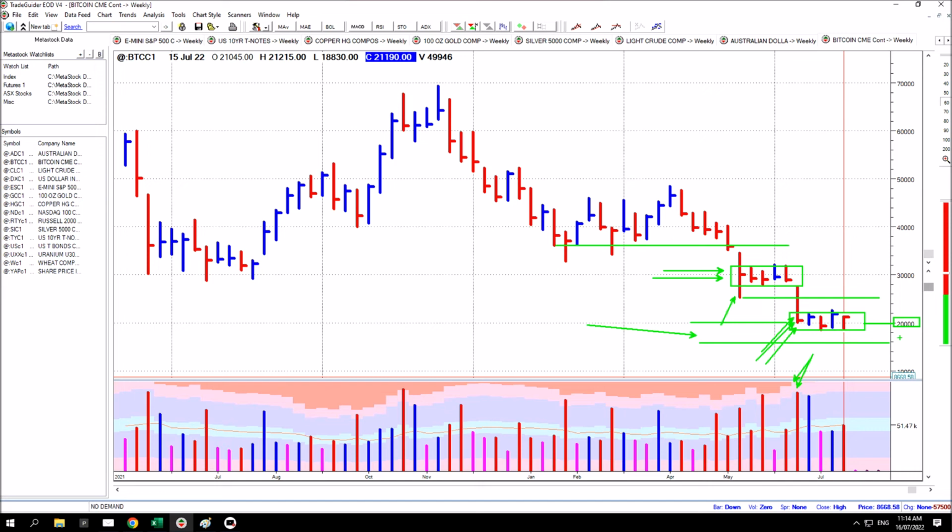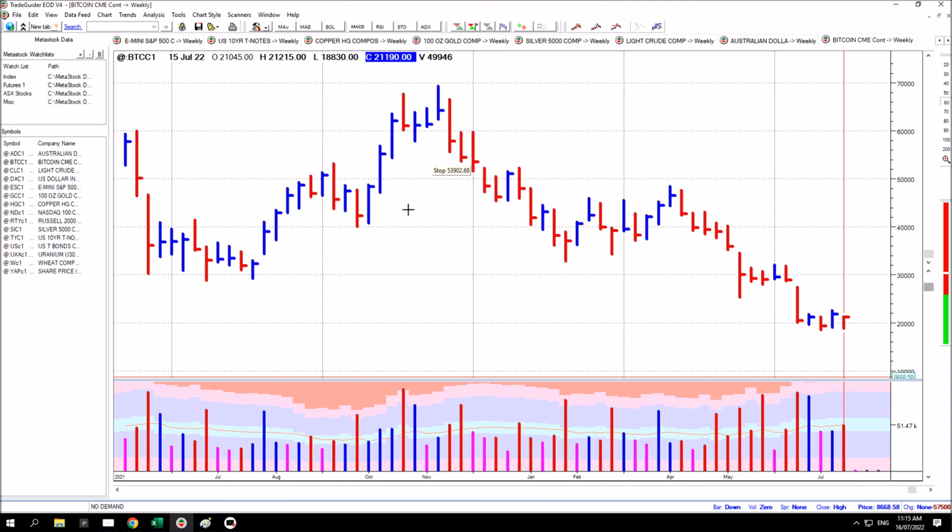It's looking like it's trying to support. This week saw an increase in volume to average, and effectively it was a test for supply, but with the higher volume, it's not an effective test, which means it's probably not going to push higher in response. It was an absorption bar. The market was absorbing the supply being drawn out and maintaining its price level around the 20,000, which is a good result really.